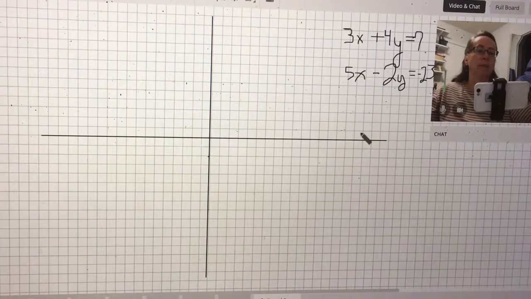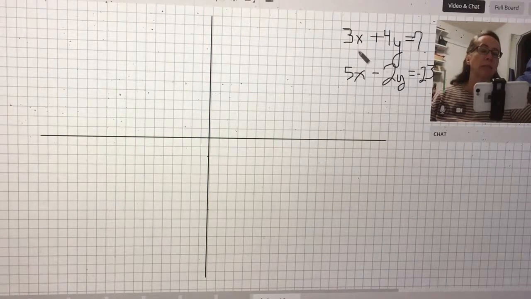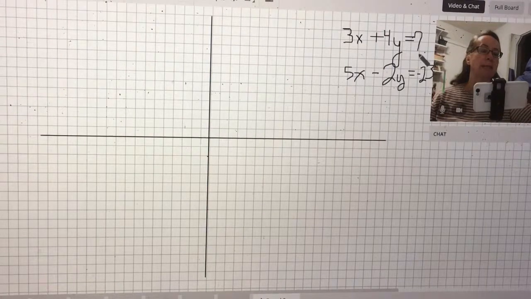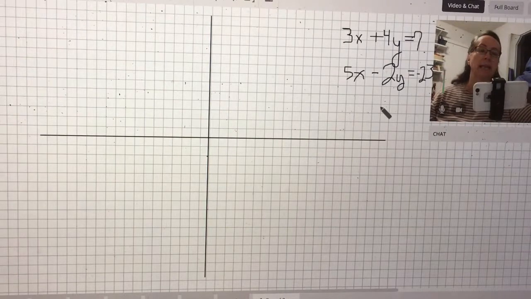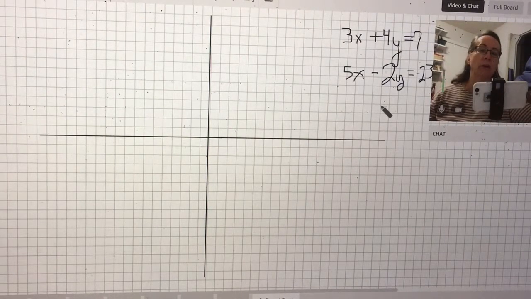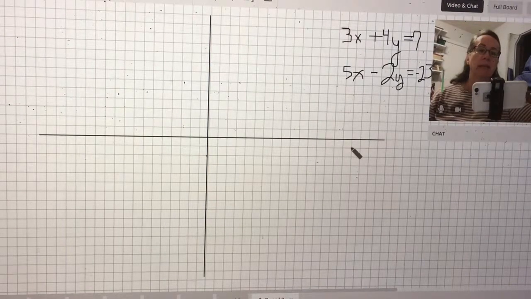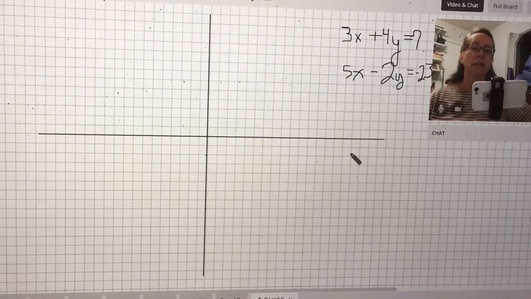Okay, so now we're going to try to do the next problem on the PowerPoint slides, which is 3x plus 4y is 7, 5x minus 2y is negative 23. So I'm going to use the ABC method, which I basically just made up.